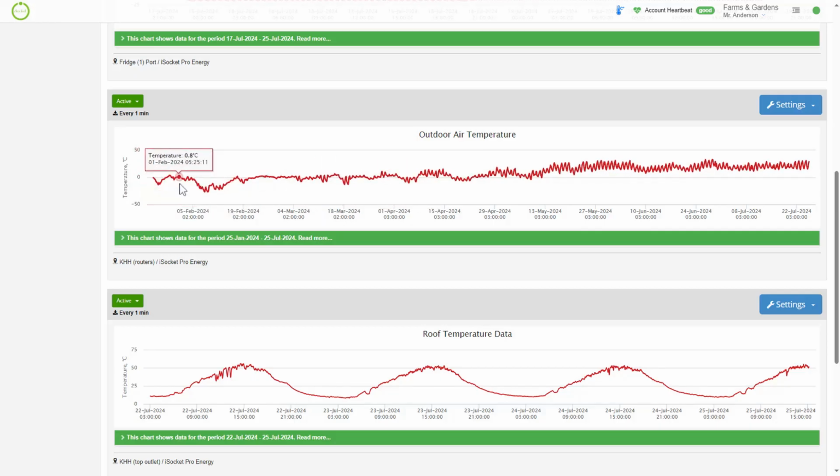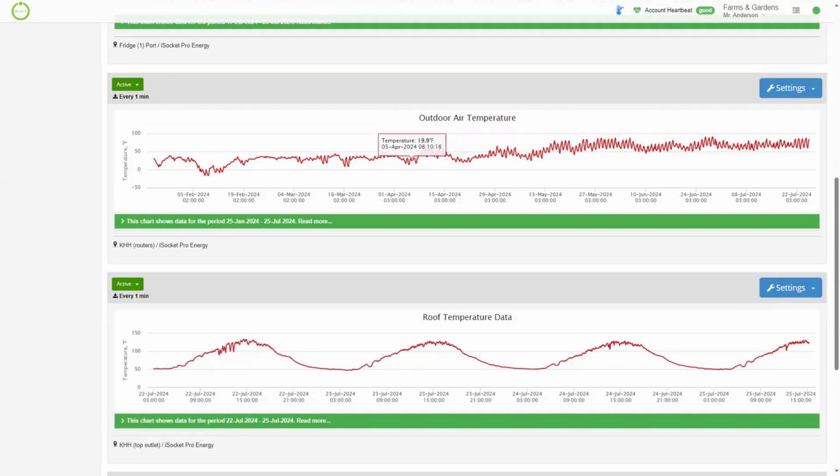But that is quite interesting to know. Let me show this for you in Fahrenheit. So that is the same in Fahrenheit. And I think I don't need this to be collected every 1 minute. The outdoor temperature probably every 10 minutes is quite fine.